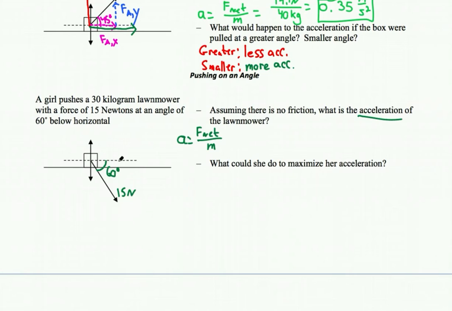So again, vertically, the components are going to cancel out. Now it's kind of the opposite situation here. We've got more push downwards into the surface, right? There's a component of my applied force pushing downwards, Fa comma y, and that's pushing into the surface along with gravity.